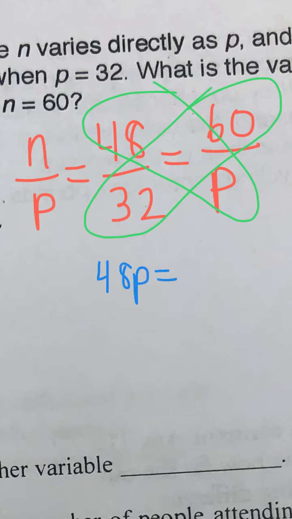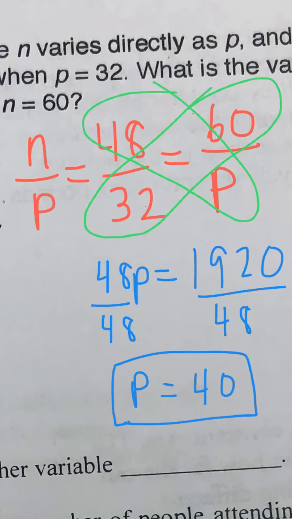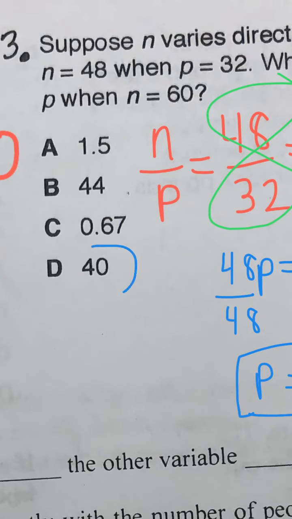I'm going to do it for you. It's 1,920. And then how would you solve for p? You would divide by 48. So p equals 40. So I think my answer is this one.